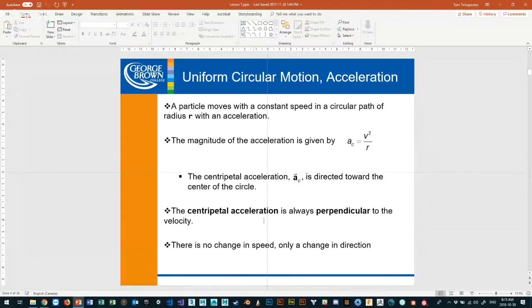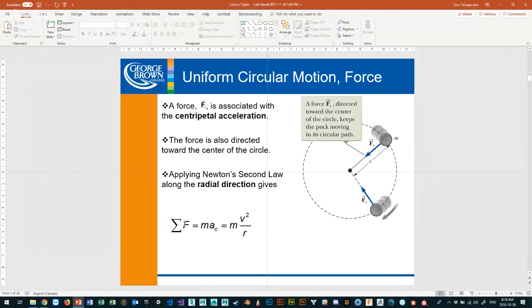And it says that the centripetal acceleration is always perpendicular to the velocity. So if the velocity is tangent to the circle, then perpendicular means it's going at a right angle to it. So again, there's no change in speed, only a change in direction.